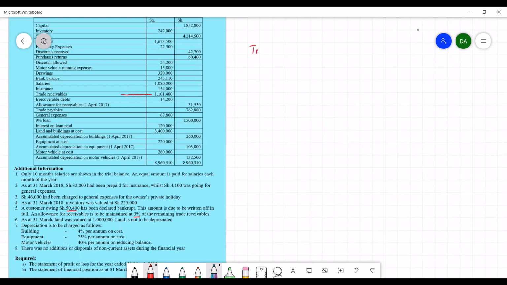So we start with the trade receivables, equal to 1,101,400. Then from trade receivables, we need to deduct the bad debts, the debts to be written off, which is 50,400.